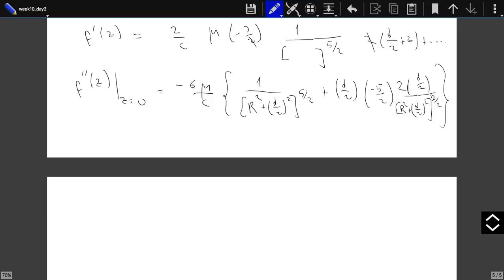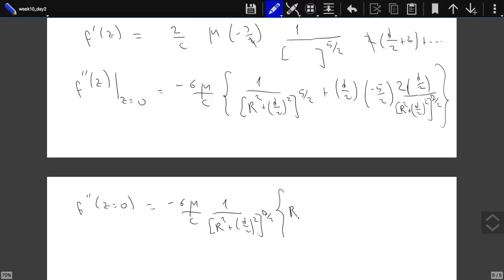Now let me just simplify it a bit. The double derivative at z equal to 0 is equal to minus 6 mu over c, 1 over (r squared plus d over 2 squared) to the power 7 halves. In parentheses, I have r squared plus d over 2 squared, and these two cancel, minus 5 (d over 2) squared.